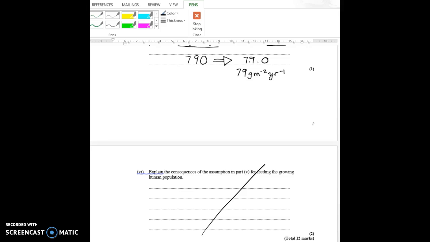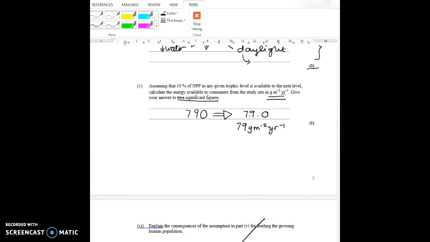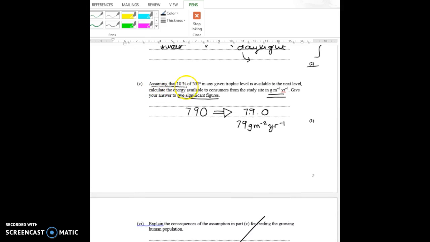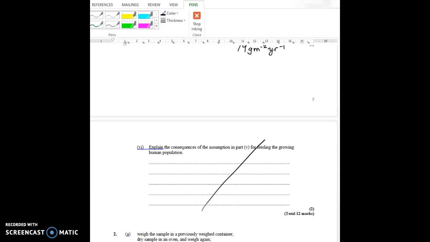If you are interested about this, the assumption in part 5, if we assume that 10% of NPP is passed on, basically the human population, if we're only passing along 10% of the energy that's being fixed by the sun, and the human population is eating what? Hamburgers, okay?